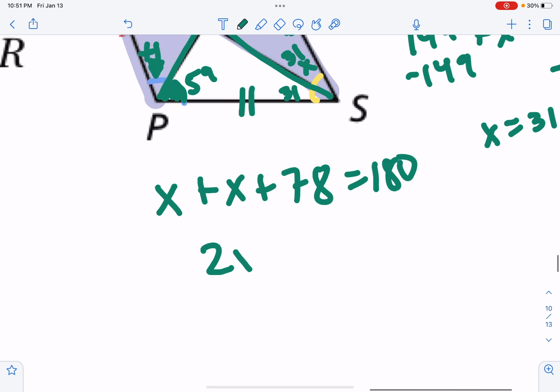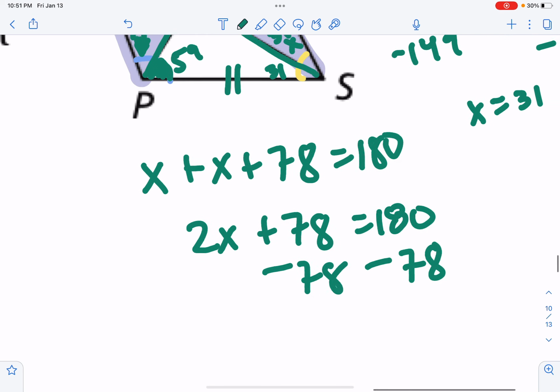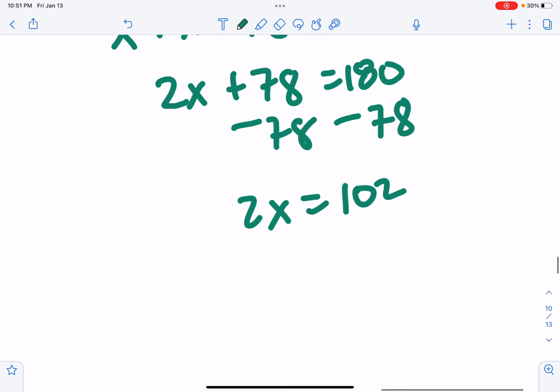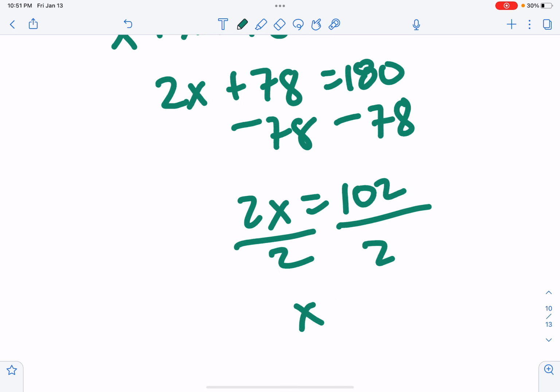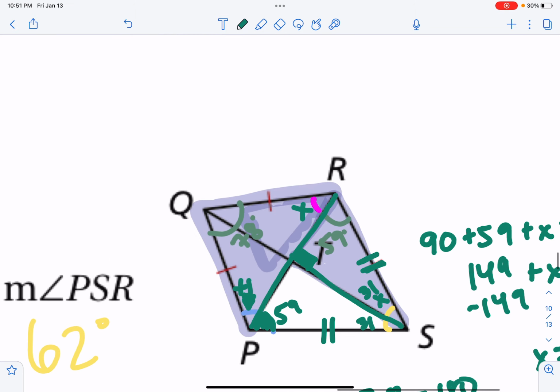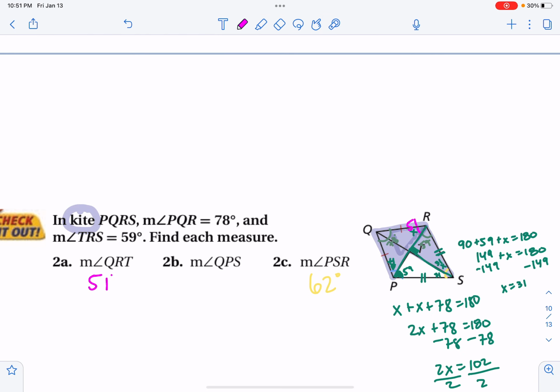If I combine like terms, subtract the 78, I should get 102. Cut that in half, and I should get x is 51. So I know my pink answer now is 51. So that was QRT, that's 51.